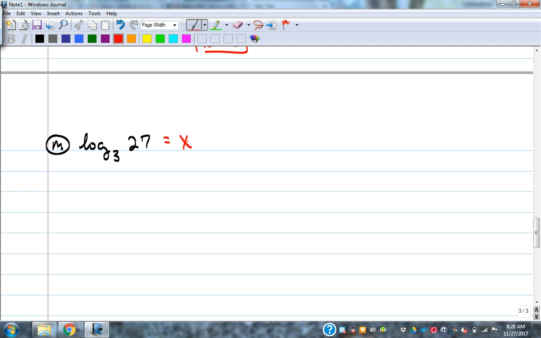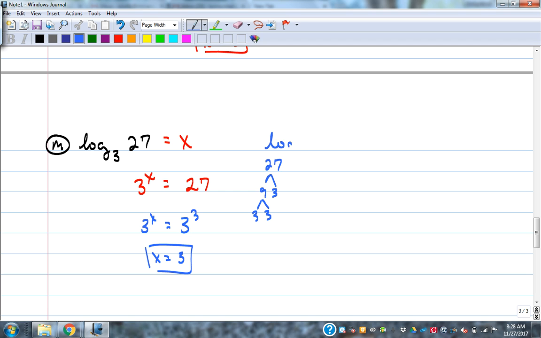I just put it equal to x. Say 3 to the x is equal to 27, and then I think, what's 27? 27 is really 9 and 3. It's really 3 to the 3rd power. So x has got to be 3. So log base 3 of 27 is equal to 3.